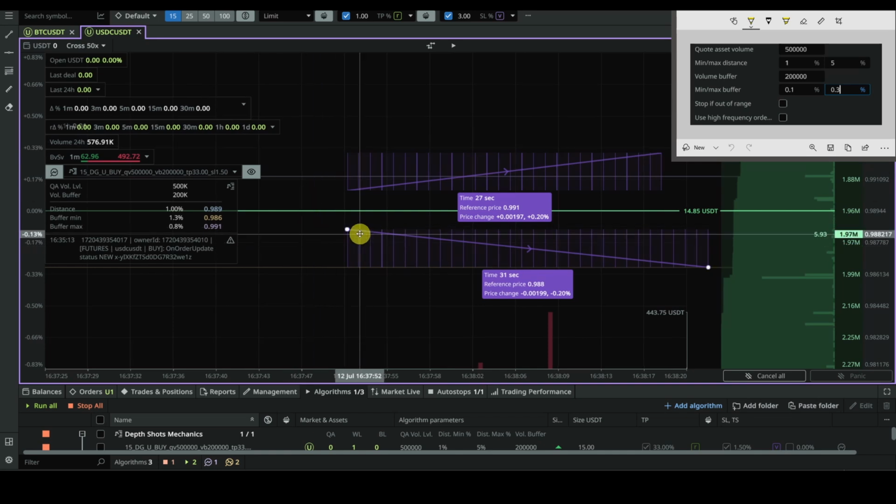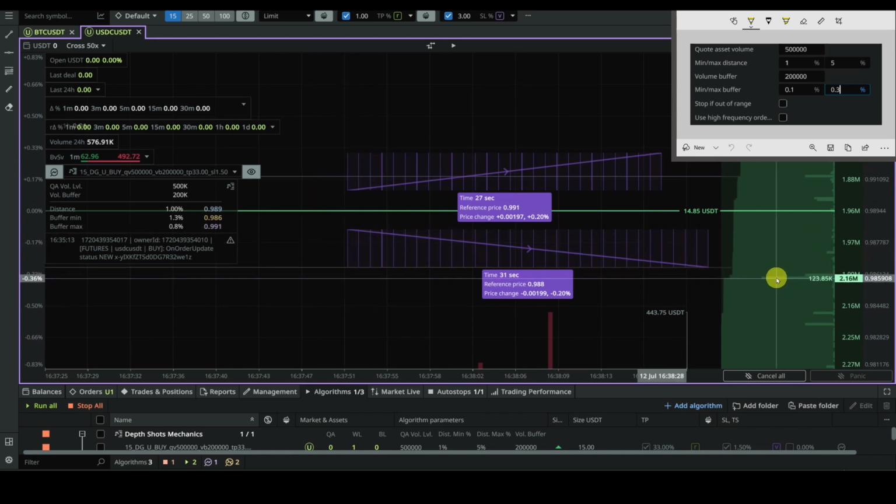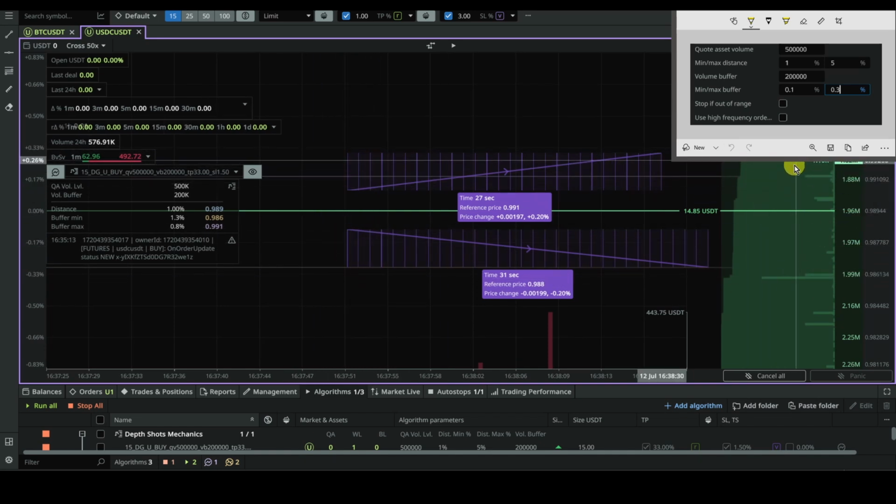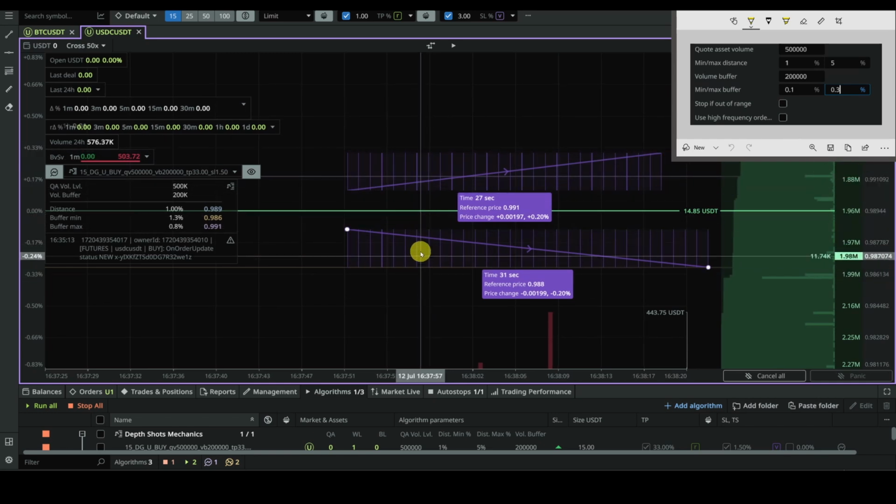So this means that the buffer line, regardless of what happens in the order book itself, regardless of what the volume buffer might be, should stay within this range, the top buffer, and within this range, the bottom buffer. There's no way around it.